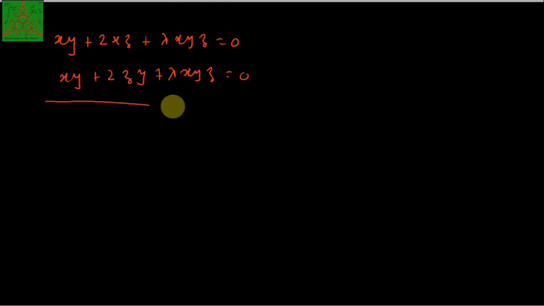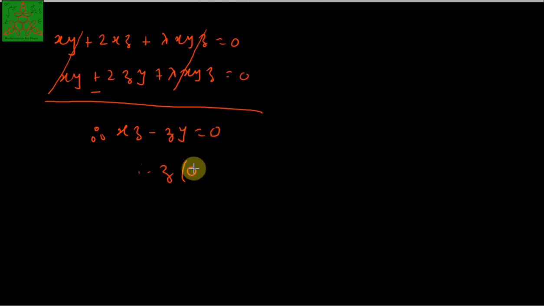If I subtract these two equations, we see that xy cancels out and lambda xyz cancels out. So we have xz minus zy equal to 0, so z into x minus y is 0. This will give you x equal to y.